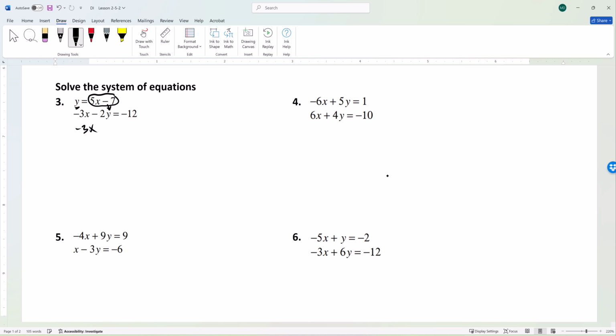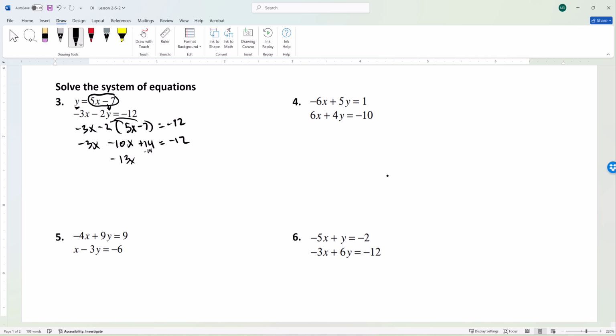So you get -3x minus 2 times y, distribute the -2, so minus 10x, and then plus 14 equals -12. Now I can start combining things together. So -3x and -10x is -13x.